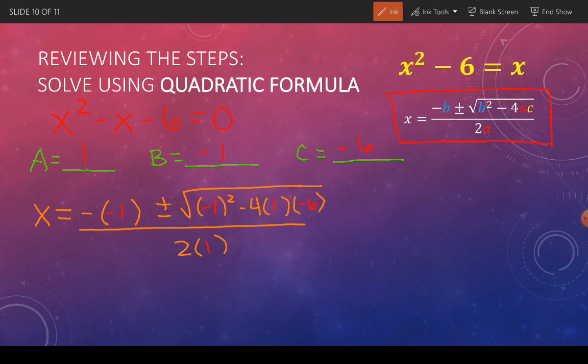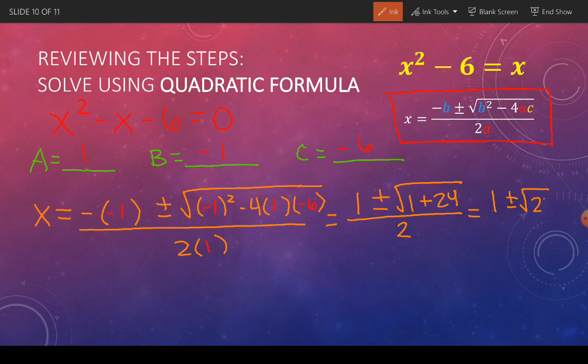Our next step would be to simplify our work. So we'll get 1 plus or minus the square root of 1 plus 24, all over 2. This gets us 1 plus or minus the square root of 25, all over 2.